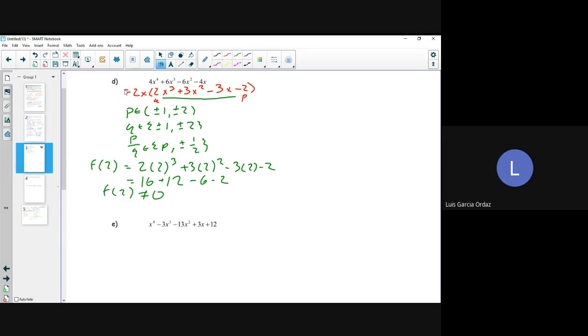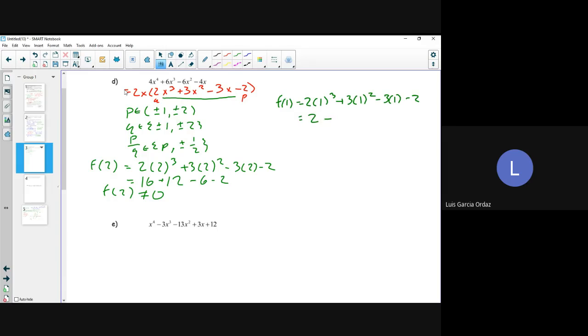Half of the time, it's the easiest number that you can think of. So let's try f at 1. So we have f at 1 is equal to 2 times 1 cubed plus 3 times 1 squared minus 3 times 1 minus 2.